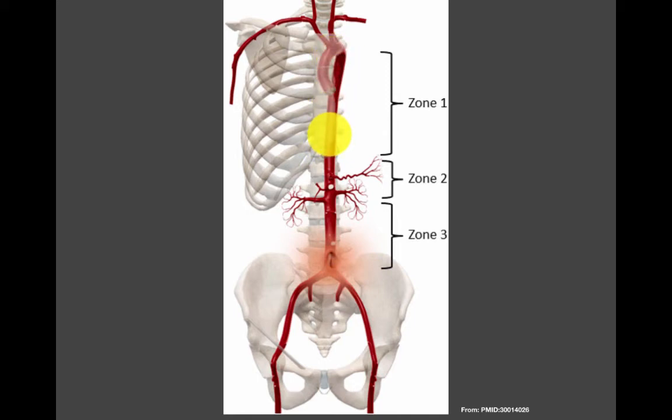So what REBOA does is, if you have some bleeding in the abdominal aorta, you can thread a guide wire or catheter in and deploy a balloon to occlude the aorta.